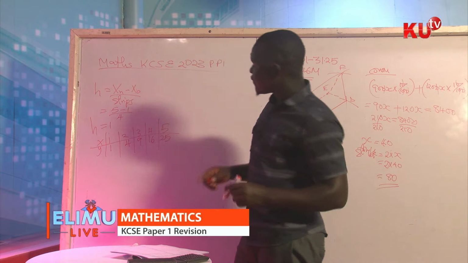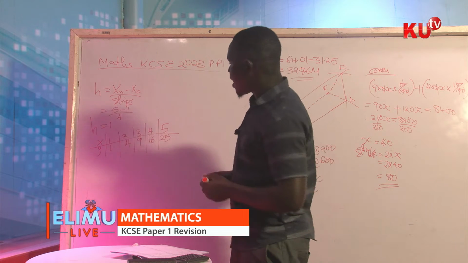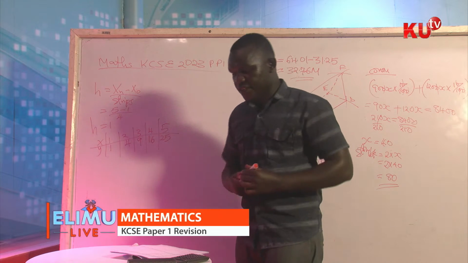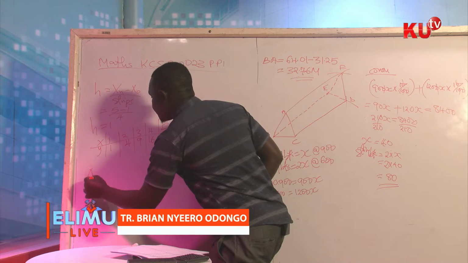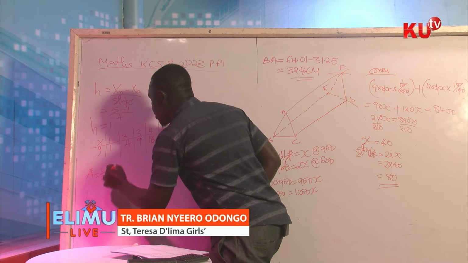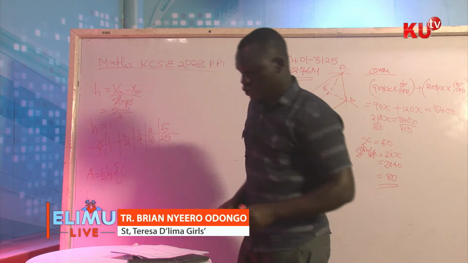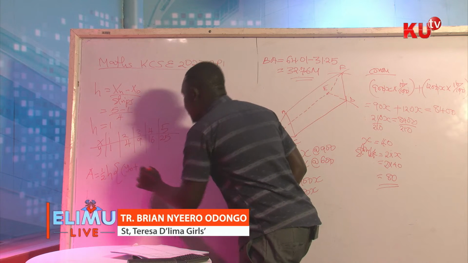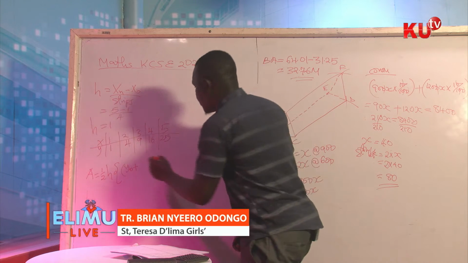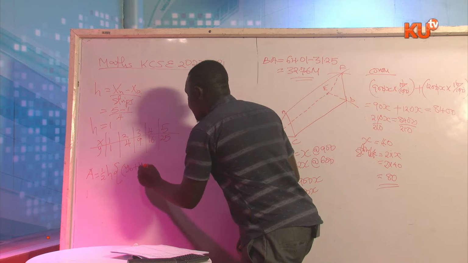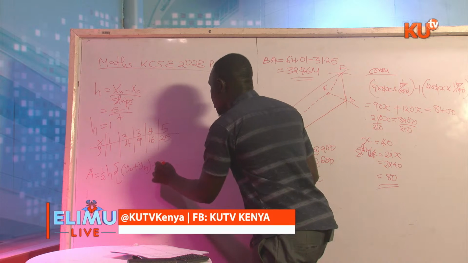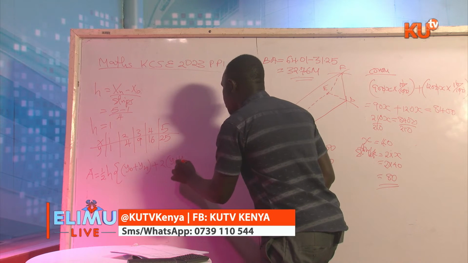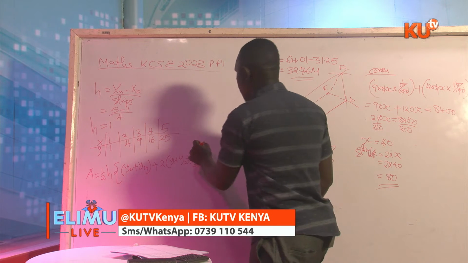After you fill your table, you now apply the formula for getting the area using the trapezium rule. Area is given by a half h into the first value of y, that is y naught, plus yn, plus 2 into the remaining y values, y1 plus y2 plus y3.